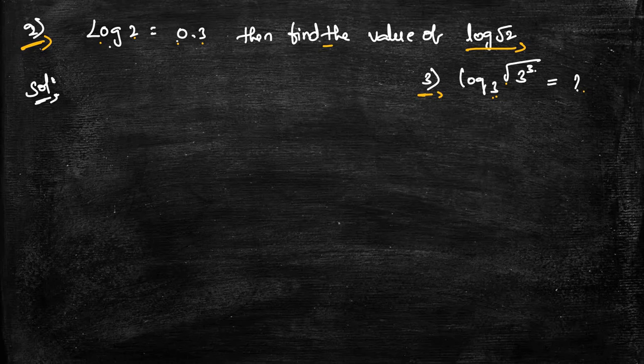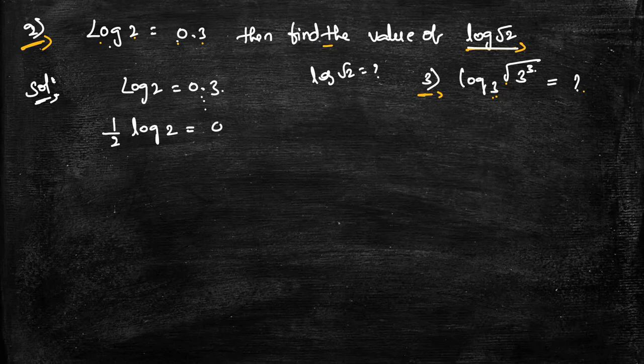Log 2 is equal to 0.3. From this we have to find the value of log root 2. Here I will apply 1 by 2 on both sides: log 2 into 1 by 2 is equal to 0.3 into 1 by 2. So this 1 by 2 goes in the power and it becomes log 2 power 1 by 2, which is 0.3 divided by 2.